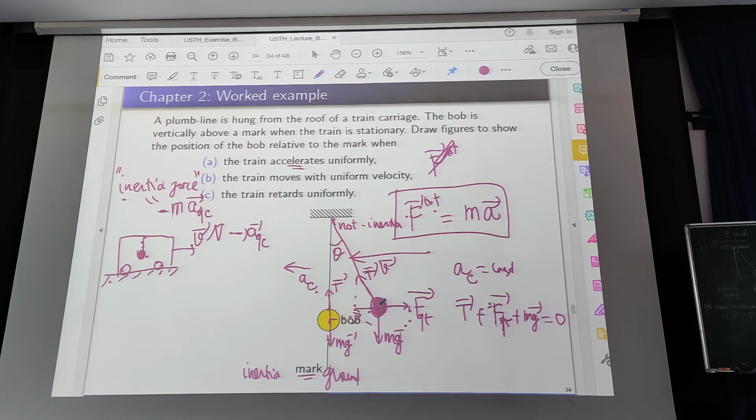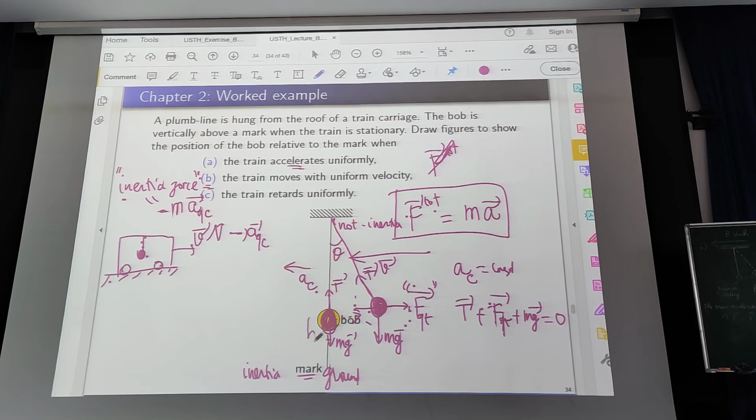But balanced with the new appearance of the inertial force, making the ball move to the right. Okay? And case B, when moving with uniform velocity, what about the acceleration? It's 0, right? Is there an inertial force or not? No. So it's still here.